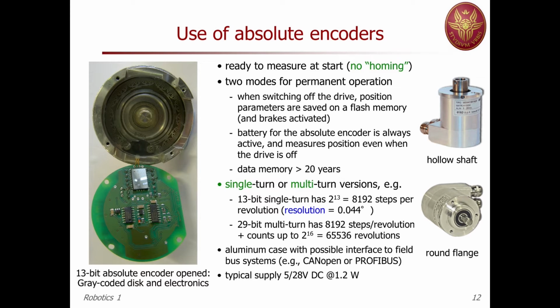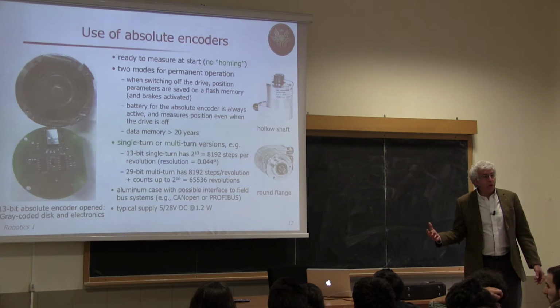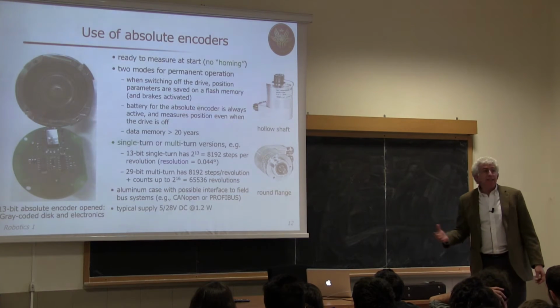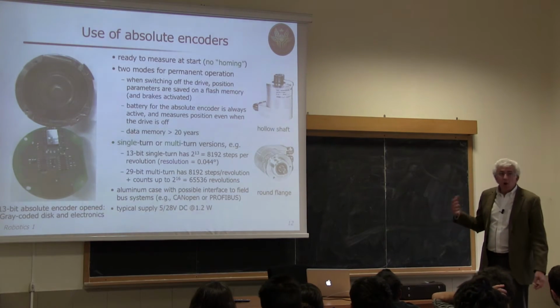Absolute encoders are made of an optical disc with multiple tracks. The number of tracks provides us a measure of the resolution of these devices. And from an operative point of view, these devices do not need a homing procedure.